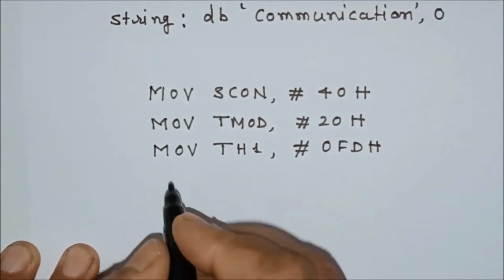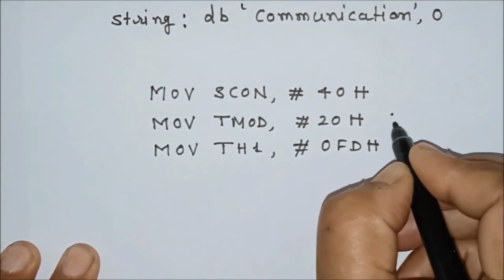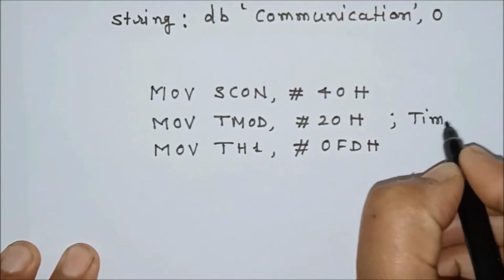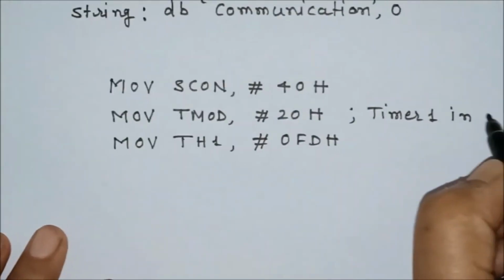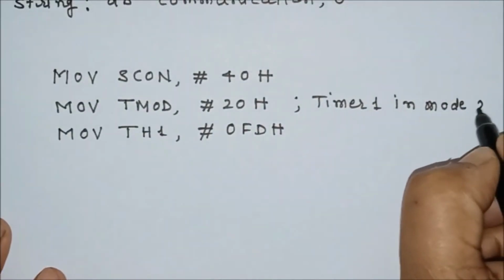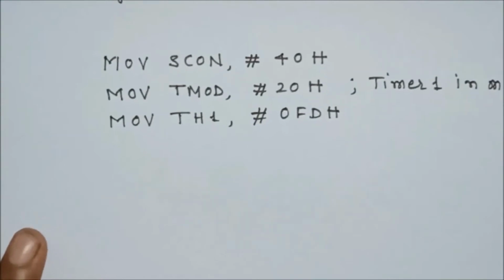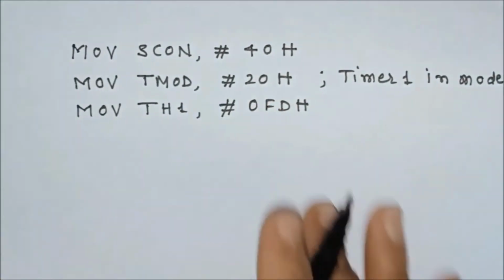After this we'll start timer 1. Here we are using timer 1 in mode 2. To generate a clock signal or baud rate, we have to start timer 1.